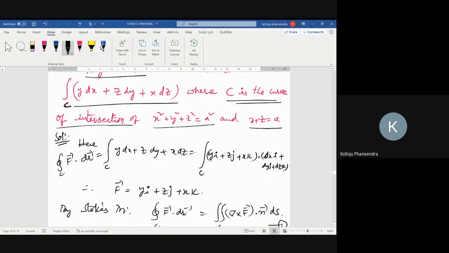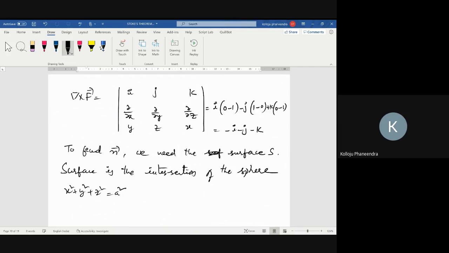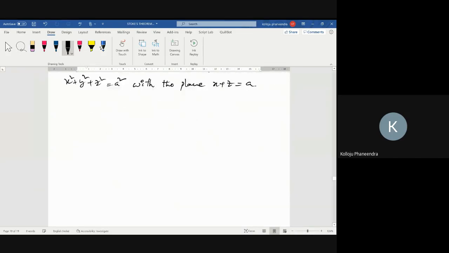Clearly, the given surface is the intersection of the sphere x square plus y square plus z square equal to a square with the plane. What is the plane? x plus z equal to a.